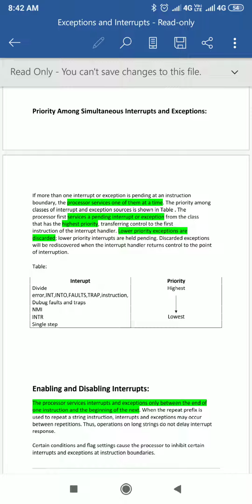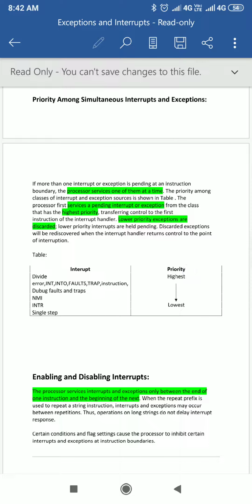The INTR is at the lowest, and sometimes the single step interrupt will be aborted or discarded by the processor. In this way, the processor decides the priority of the interrupts and exceptions and accordingly serves them.